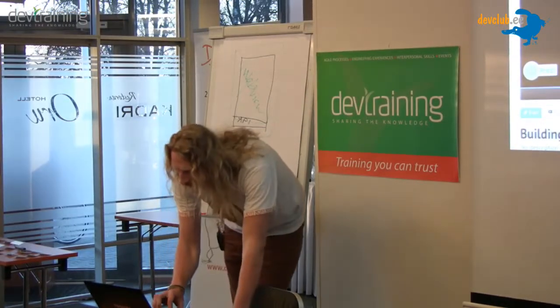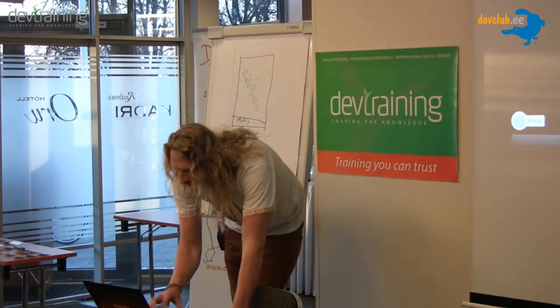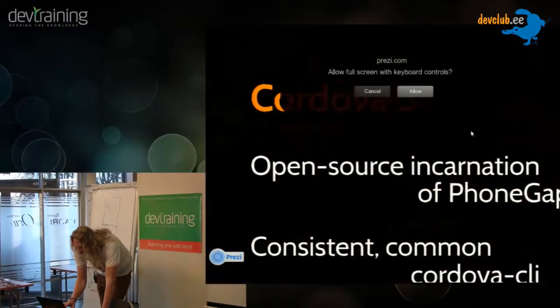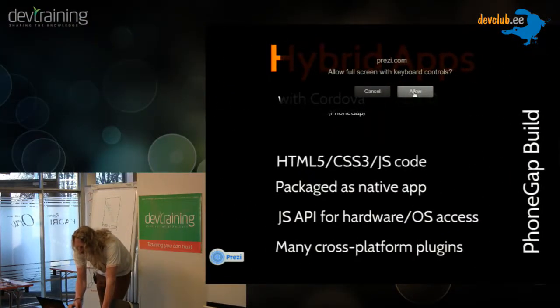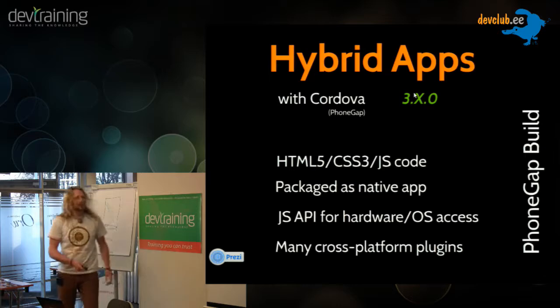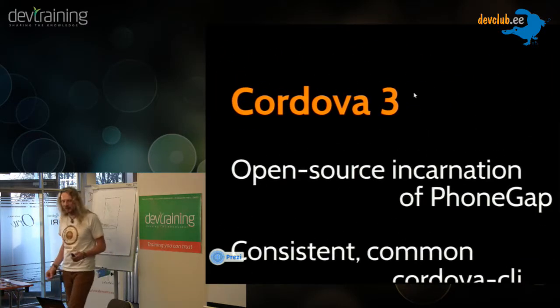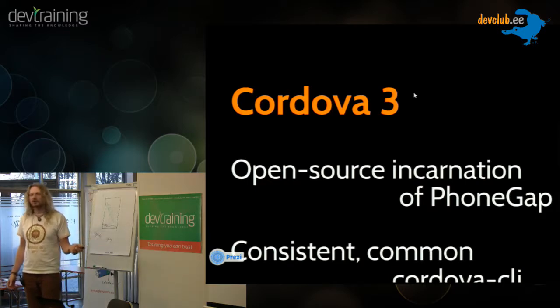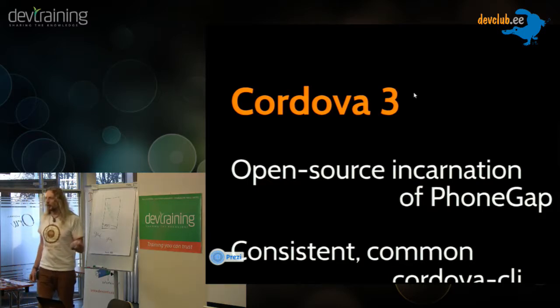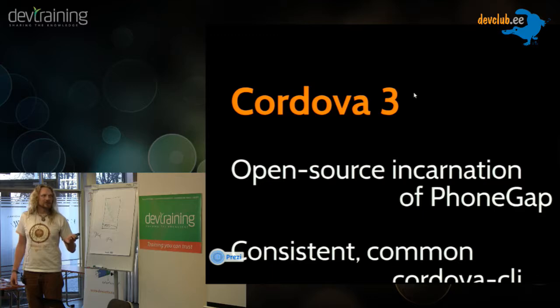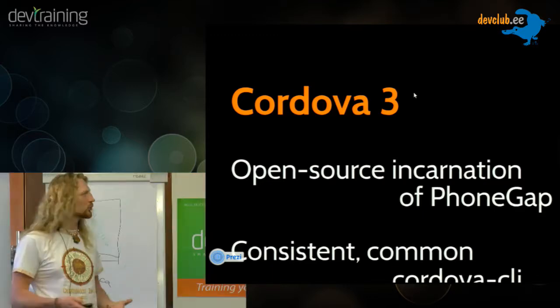So let's go further. The cool thing also is PhoneGap Build. What's the point of PhoneGap and Cordova? Cordova is an open source incarnation of PhoneGap. If you have heard about PhoneGap before, then Cordova is basically the same. Now PhoneGap is actually a distribution of Cordova.